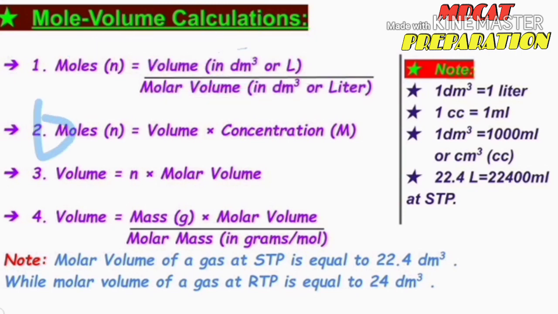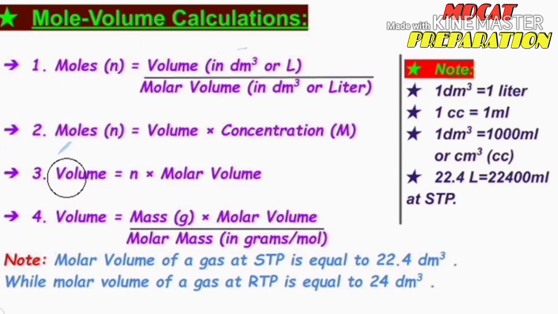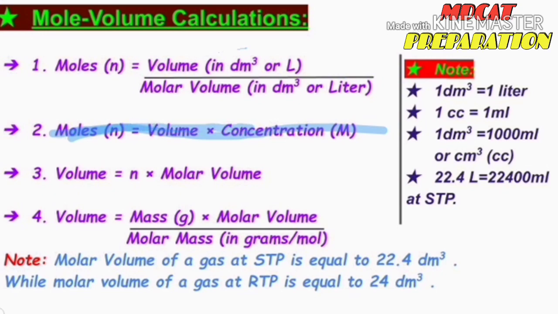The second formula is derived from the definition of concentration. We can also find moles by this formula using volume and concentration. So moles is equal to volume into concentration. By this formula we can find the number of moles.